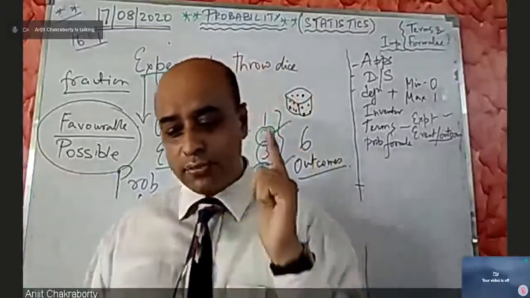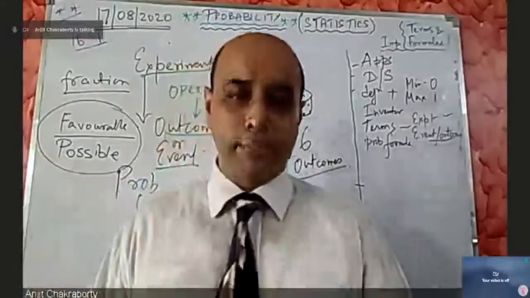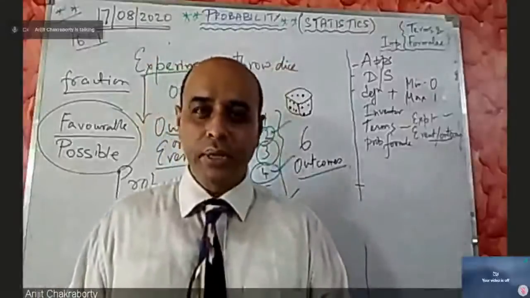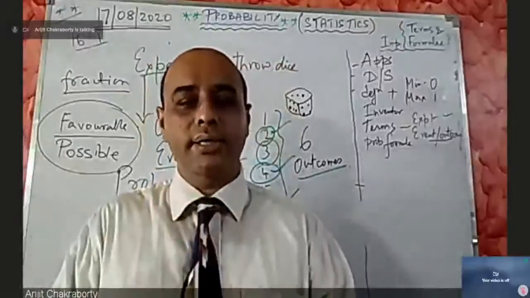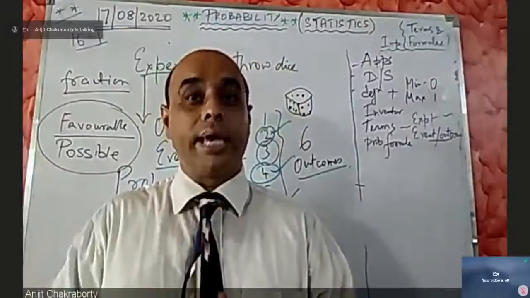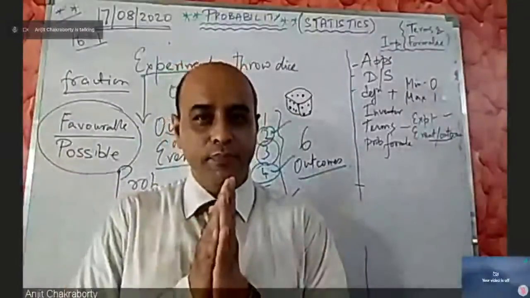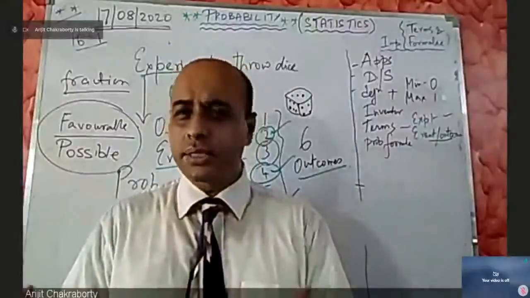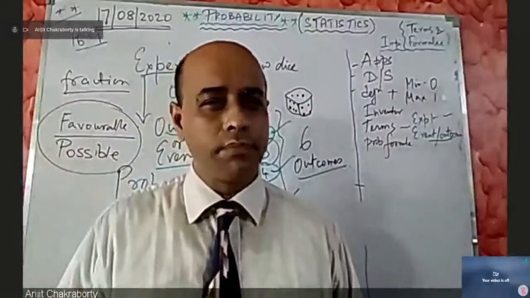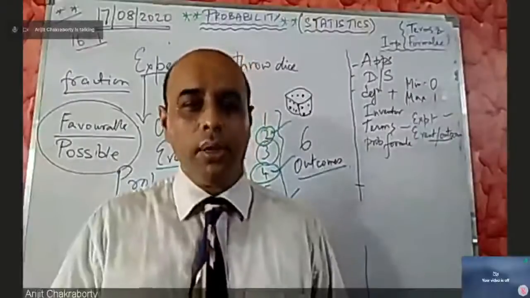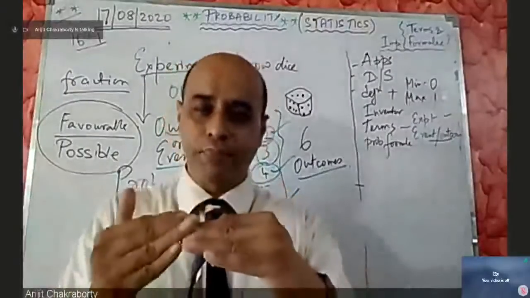So if I follow a diet, it is an experiment. It has two outcomes. Either after following the diet I will gain weight, become healthier, or I will lose weight. And in some circumstances, the probability may be very low, that your weight remains the same.